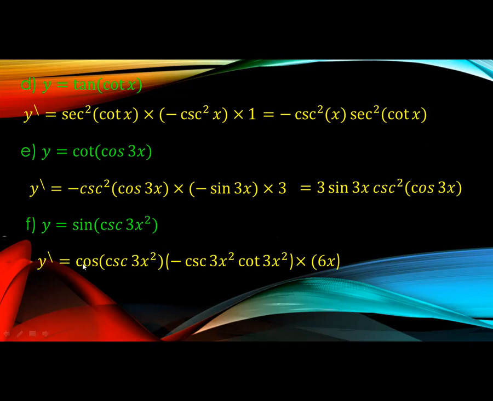Its derivative is negative cosec (3x power 2) cotan (3x power 2) multiplied by the derivative of the angle; the derivative of 3x power 2 is 6x. And we can simplify the result to become negative 6x cosine of cosec (3x power 2) times cosec (3x power 2) cotan (3x power 2).